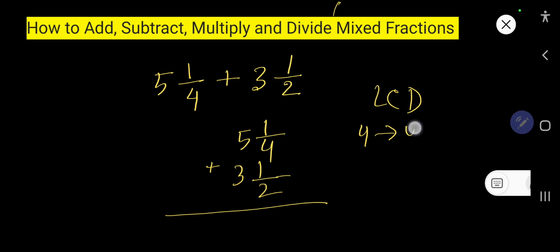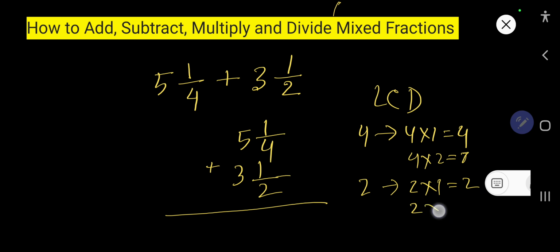The multiples of 4 are 4 times 1, 4, then 4 times 2, 8. Let's check for 2. 2 times 1, 2, 2 times 2, 4. That is least common. To find least common divisor, we see that 4 is the least common divisor. So make it 4. Multiply by 2, right?